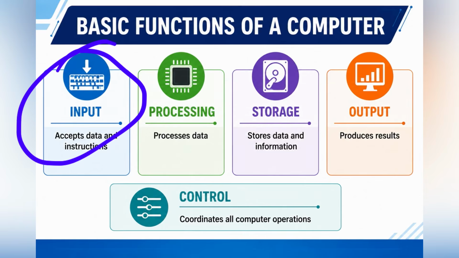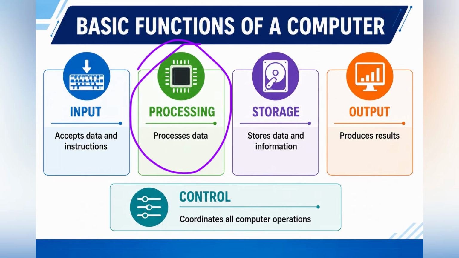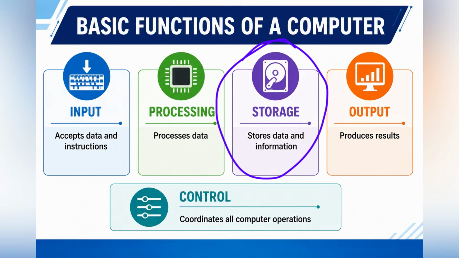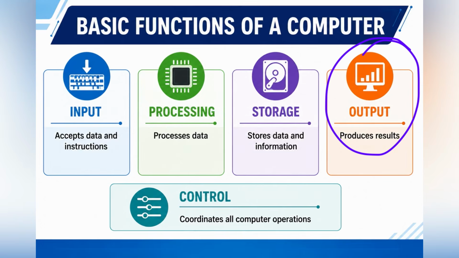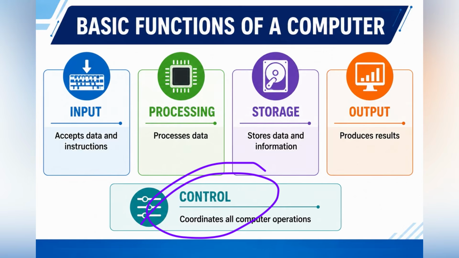It receives data, processes it, stores it, produces results, and controls all activities within the system. These functions work together whenever we use a computer, whether we are typing a document, browsing the internet, or using a mobile phone.